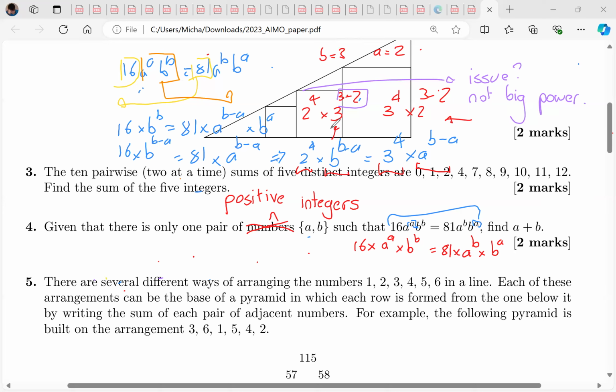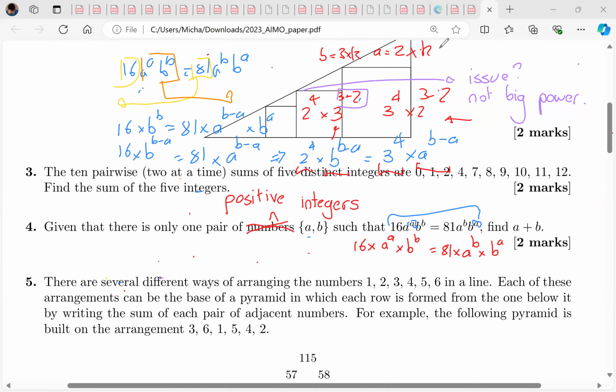So we know there is some 3 in B, and there's some 2 in A. So maybe we let B equals 3 times something. Let's let it be K. Maybe we let B equals 3 times K, and A equals 2 times K. And when we power them, since they're the same power, the K's will cancel.